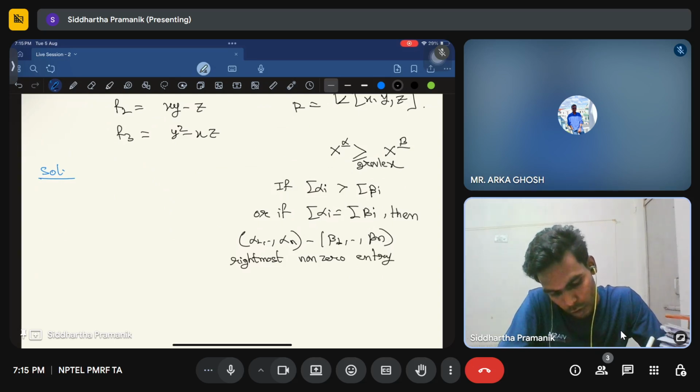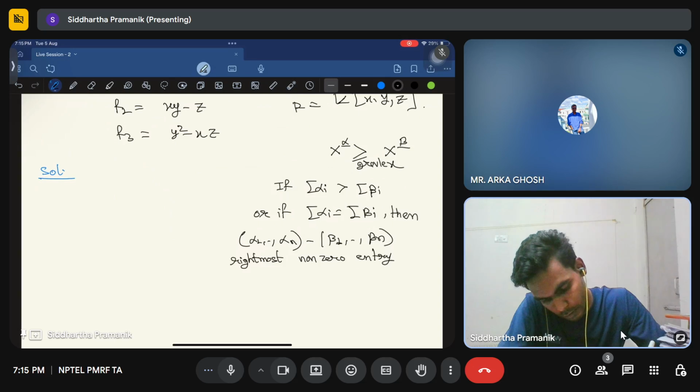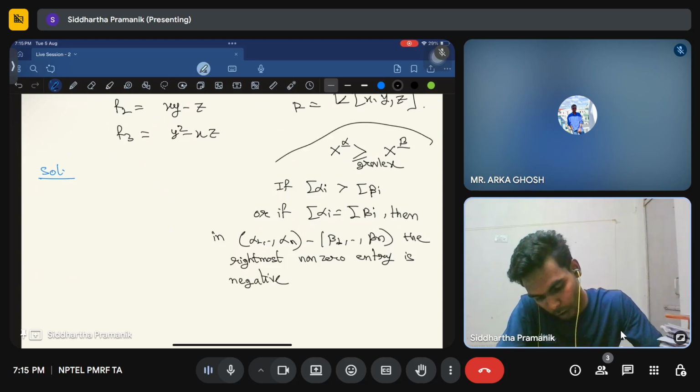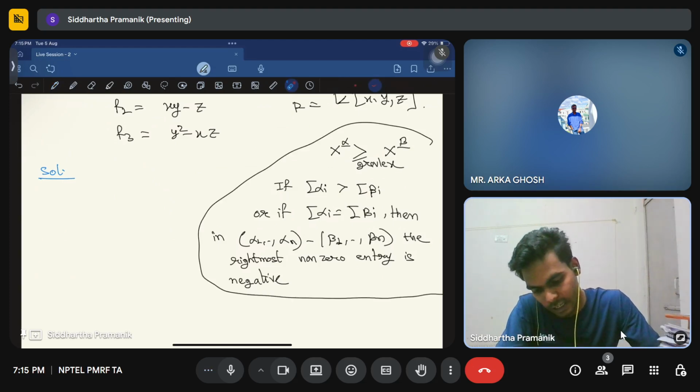The rightmost non-zero entry should be negative. If one of these two conditions holds, then we say x power alpha is bigger than x power beta.